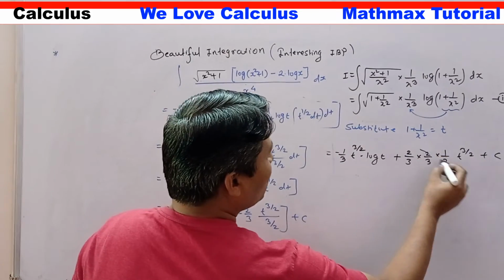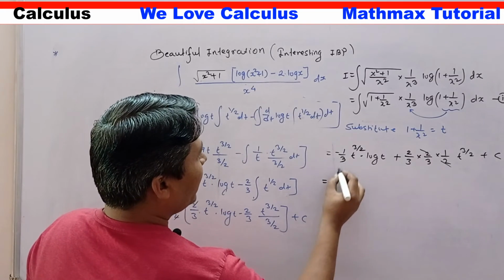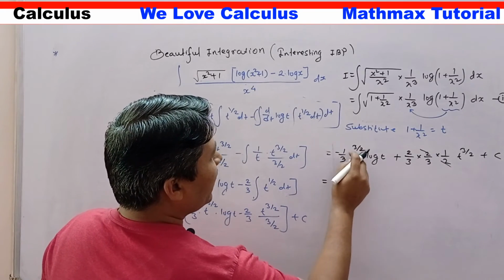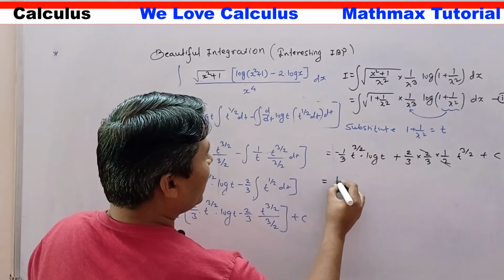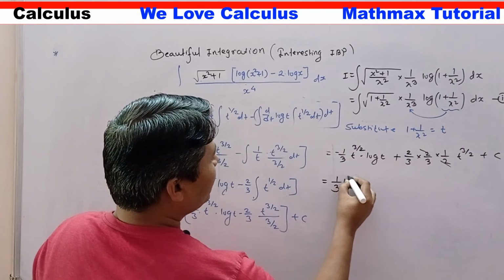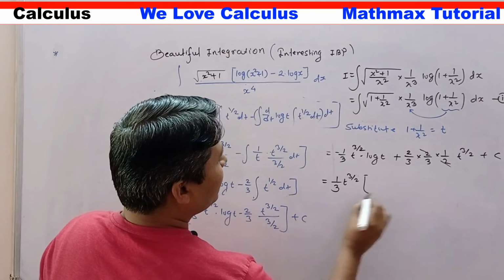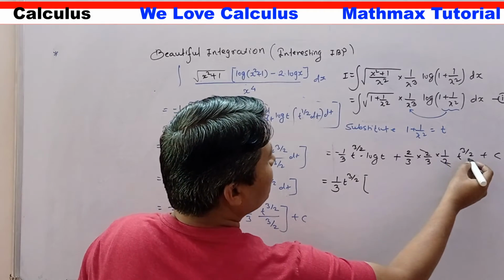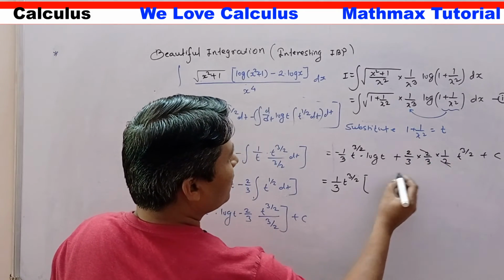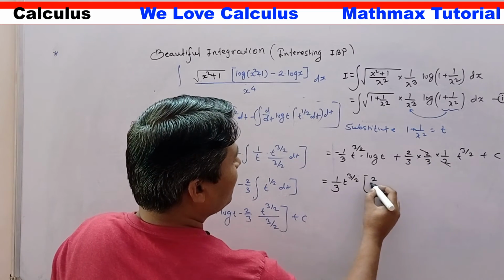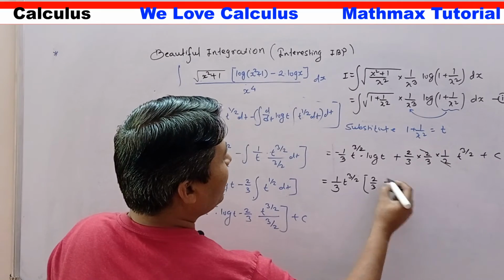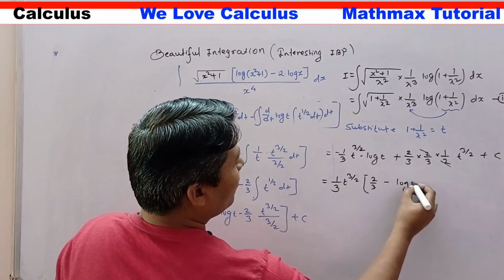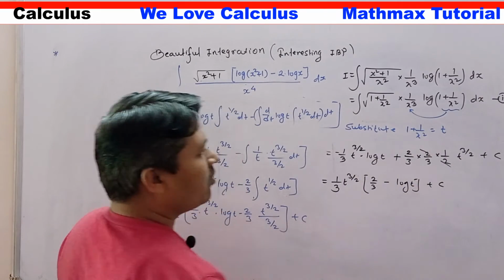Here the 2 cancels, and 1 by 3 t raised to 3 by 2 is common, so we write 1 by 3 t raised to 3 by 2, and in the bracket we take the positive term first, that is 2 by 3 minus log t, plus the constant of integration.